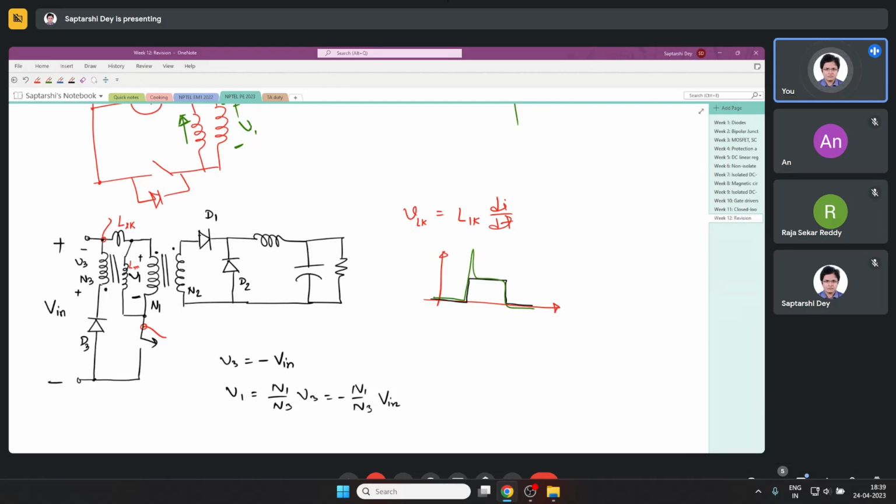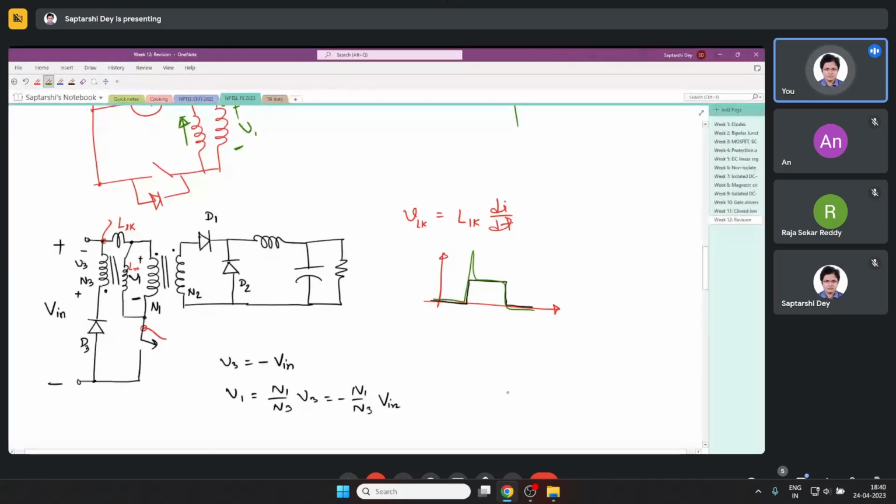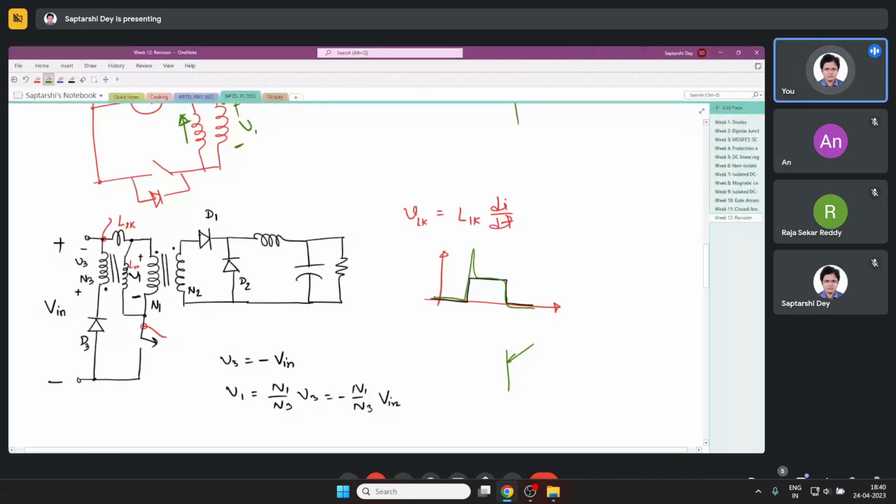PNP transistor working? Device physics is not covered, and you need not know much of it to study power electronics.